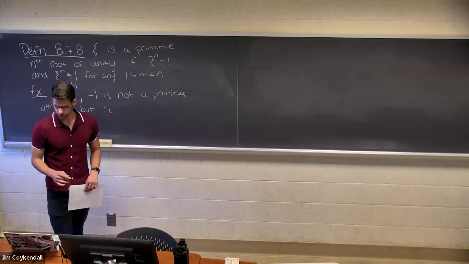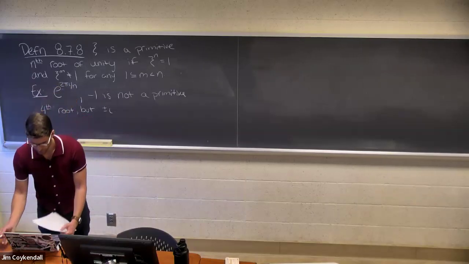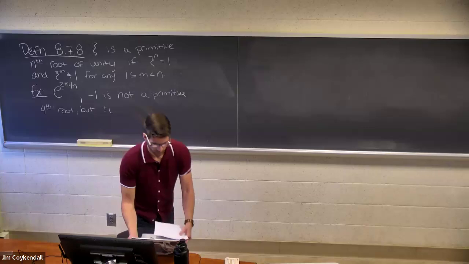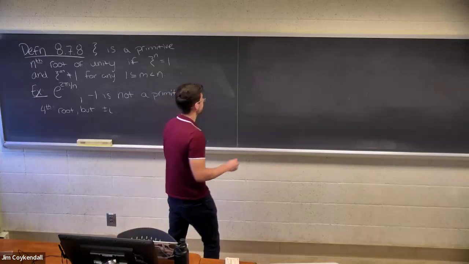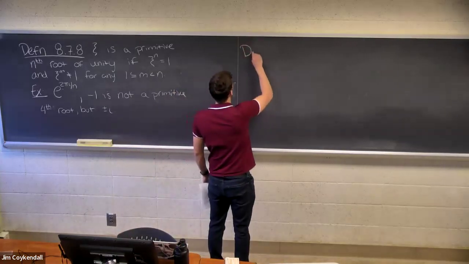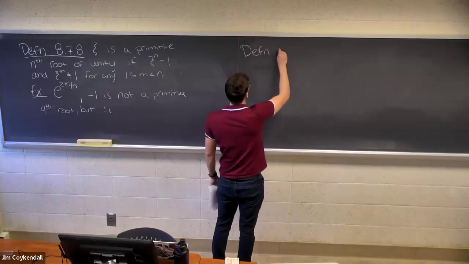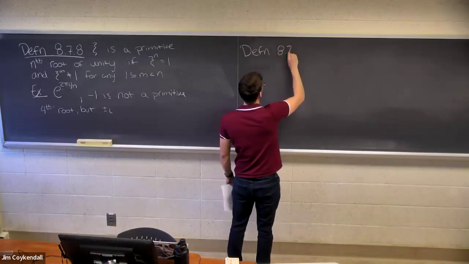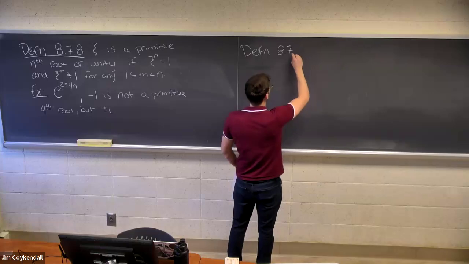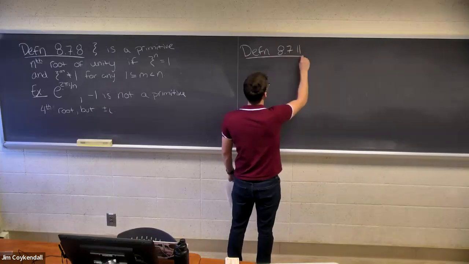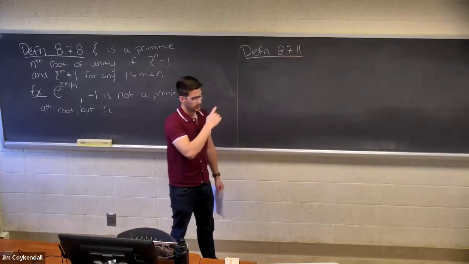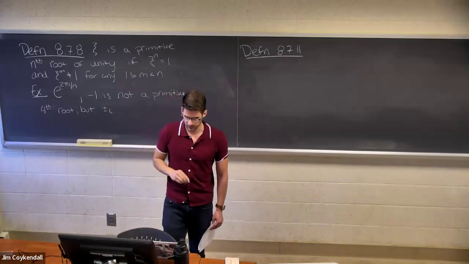So, I'm going to skip ahead a little bit to definition 8.7.1. Then I'm going to deviate a little bit, to give some very similar theorems to the ones that I've skipped, but for a specific setting.